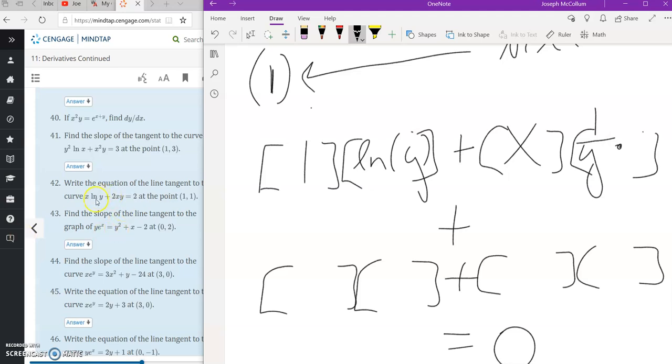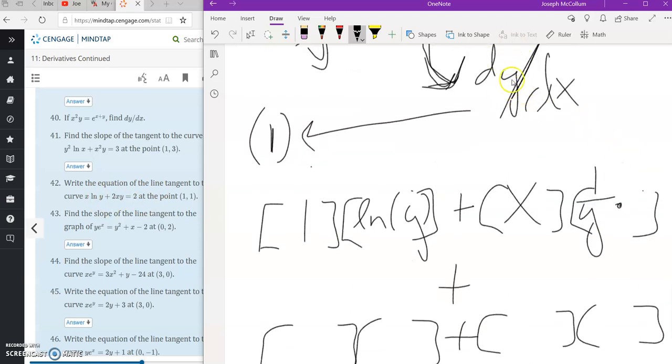Well, the derivative of y should be 1, but remember from our previous lecture, if it is the top variable, that really stands for the function, and we don't know what the function is, so we have to write y prime, or you could write dy/dx there to be fine.